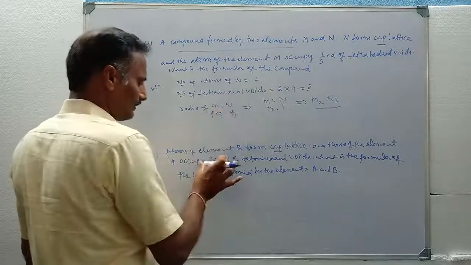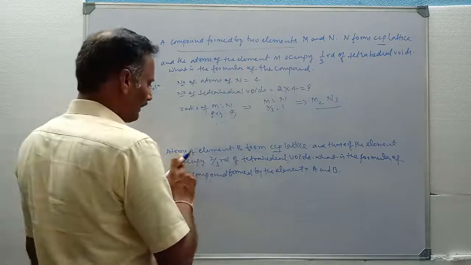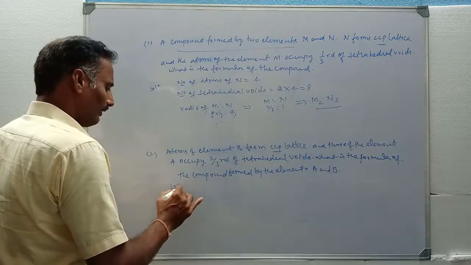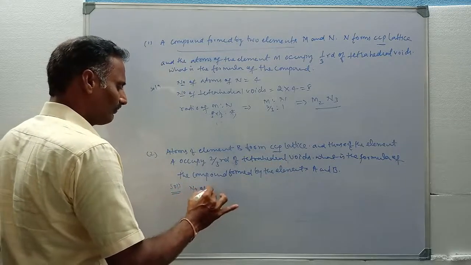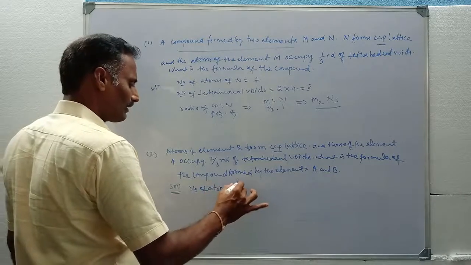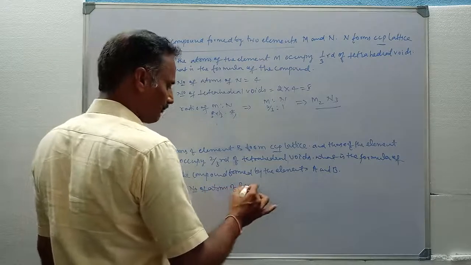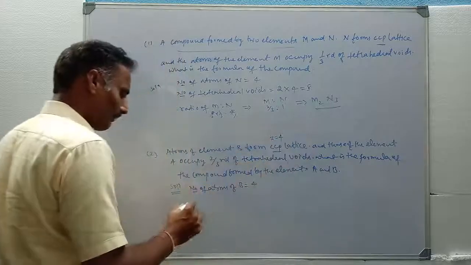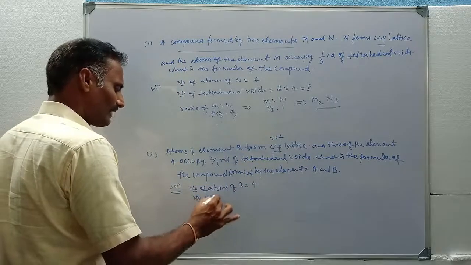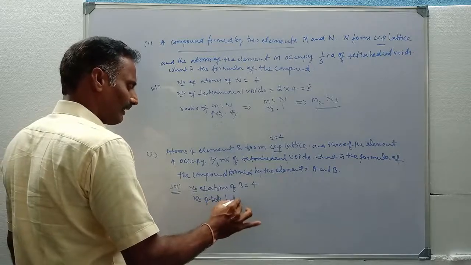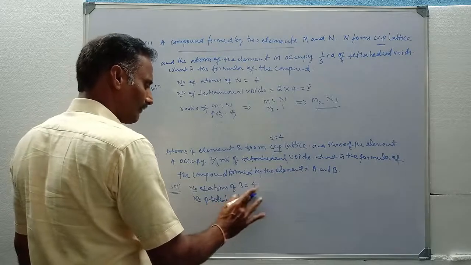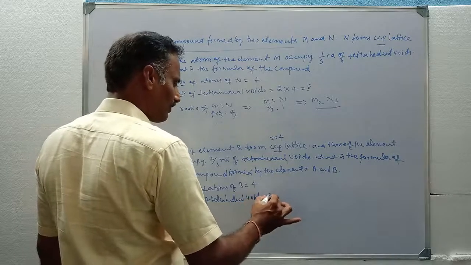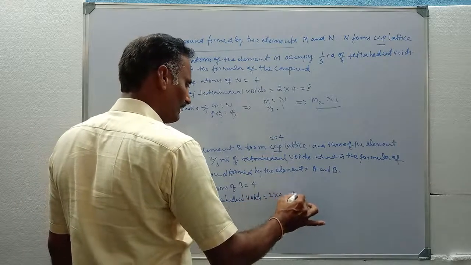Atoms of the element B form a CCP lattice, so the number of atoms of B is 4, because CCP means Z equals 4 atoms are present. Then the number of tetrahedral voids formed is twice the number of atoms, that is 8.